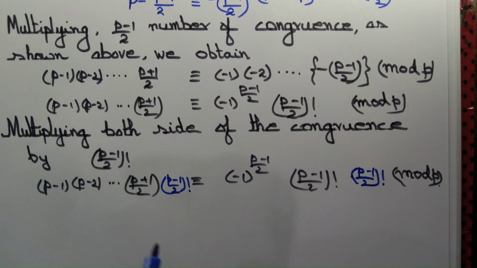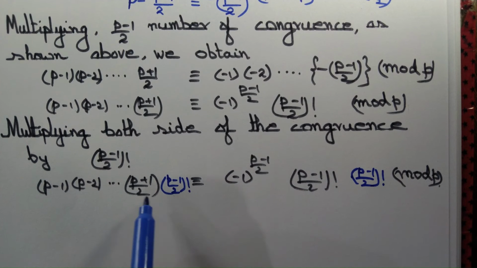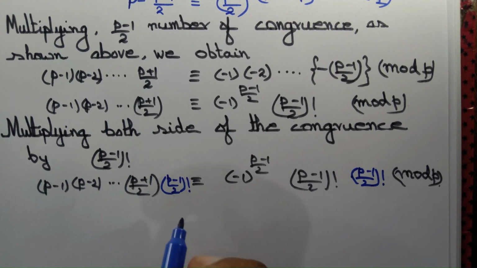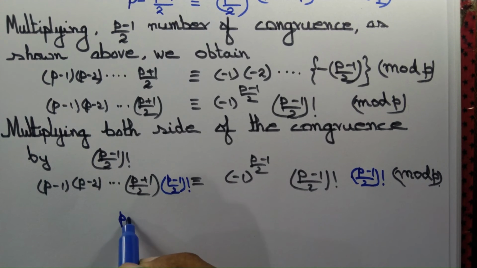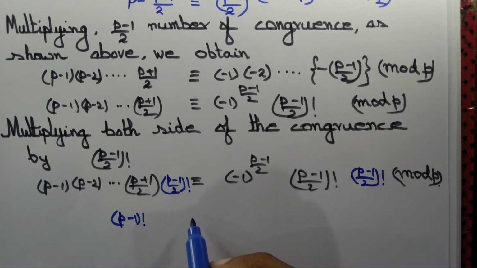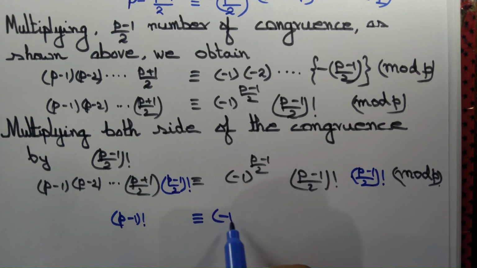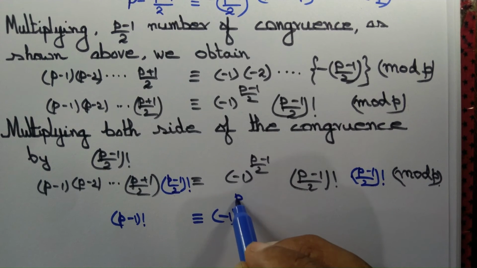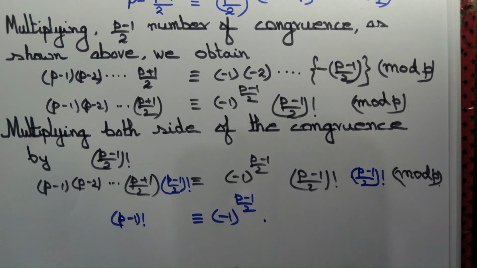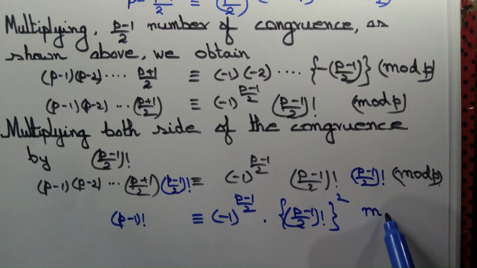Aha, we get something squared. And how about the left hand side? You see that you get factorial p minus 1. Factorial p minus 1 is congruent to minus 1 to the power p minus 1 by 2 times something squared, modulo p.